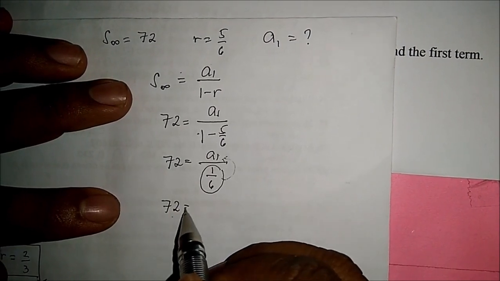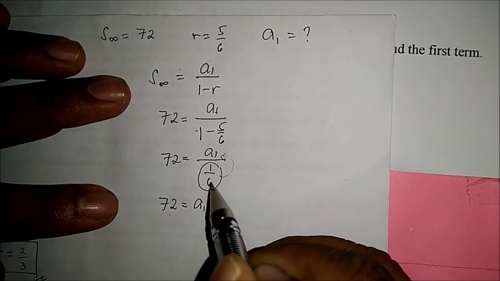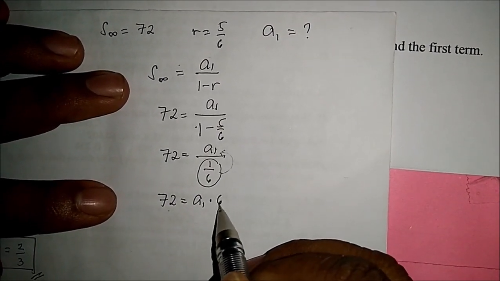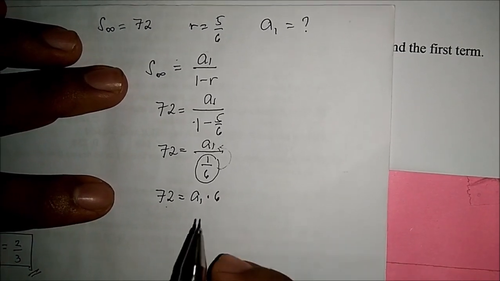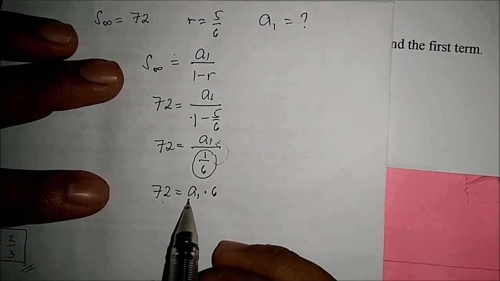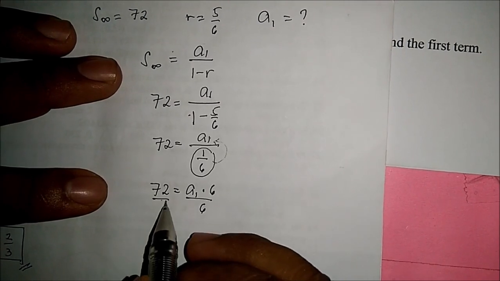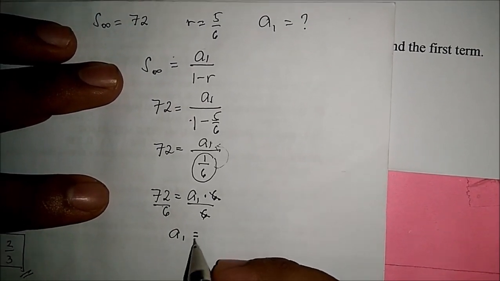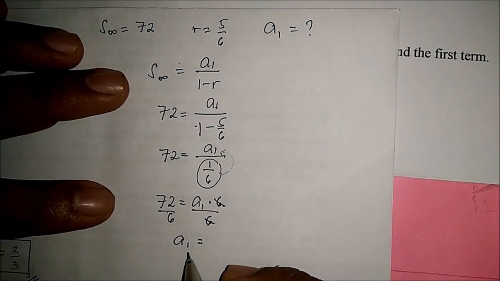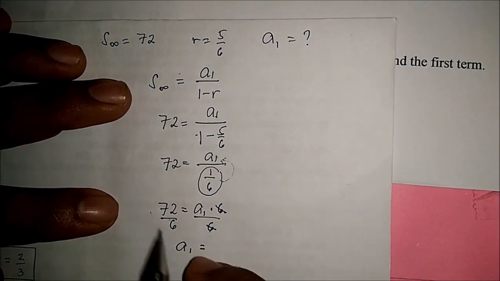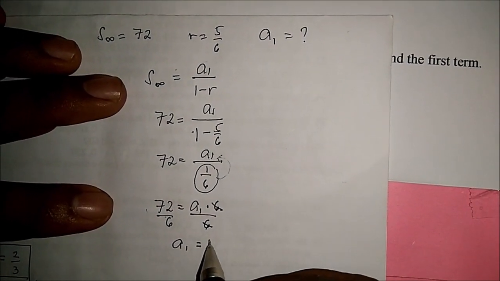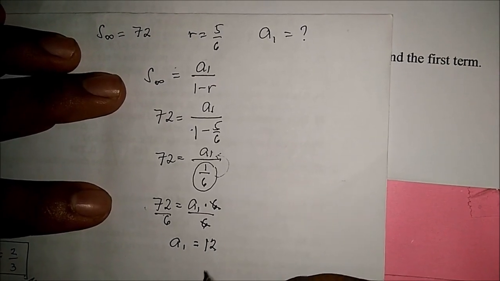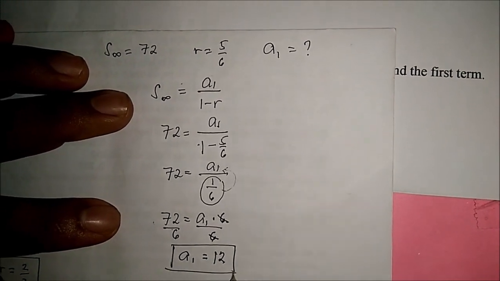So 72 is equal to a sub 1 times the reciprocal of 1 over 6, which is 6. Now, to solve for a sub 1, simply divide both sides by 6. So a sub 1 is 72 divided by 6. What is 72 divided by 6? That would be 12. So the first term is 12.